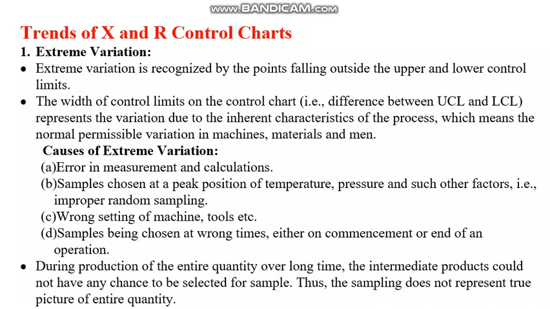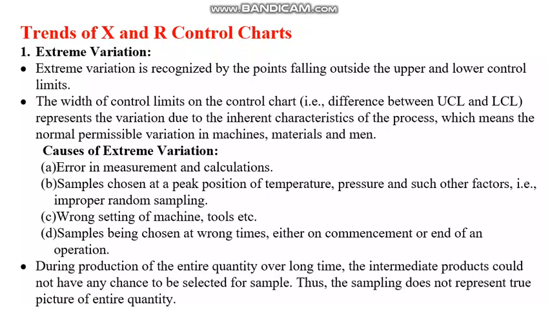Now if any point has fallen outside, what are the causes? That means if extreme variation has come, what are the causes? The cause may be that the measurement itself you have not taken properly, error in measurement or error in calculation. That can be one reason. Second is samples chosen at peak position of temperature, pressure, and such other factors.